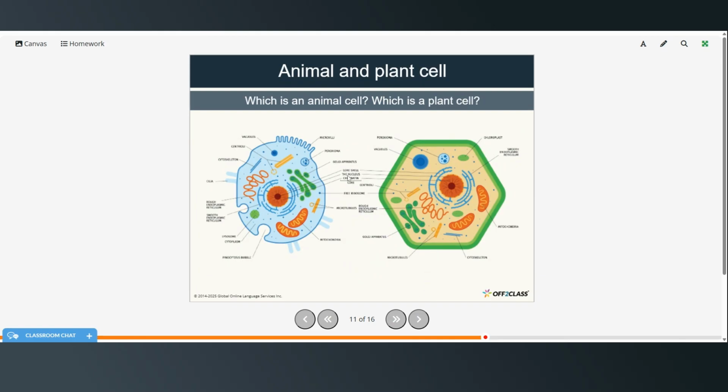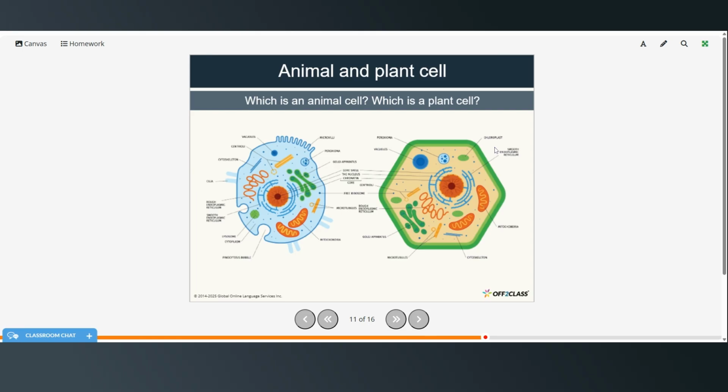All right, so now we're going to look at animal cells and plant cells. Just take a look at these and see if you can figure out which is which. I believe this one would be the plant cell because it talks about chloroplasts.